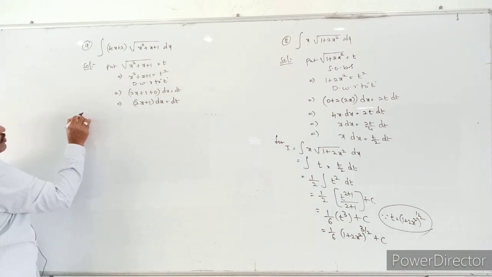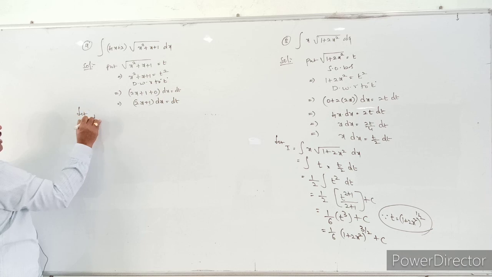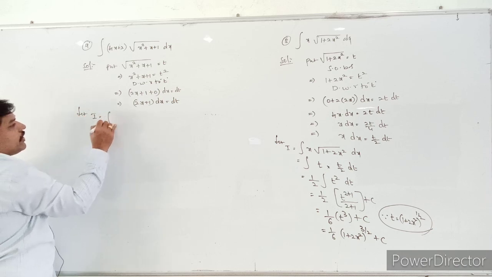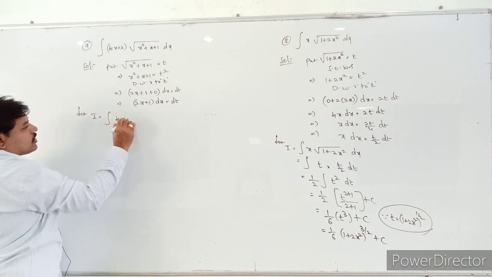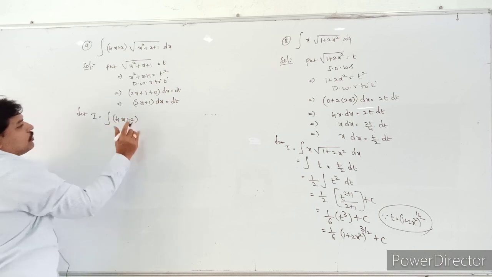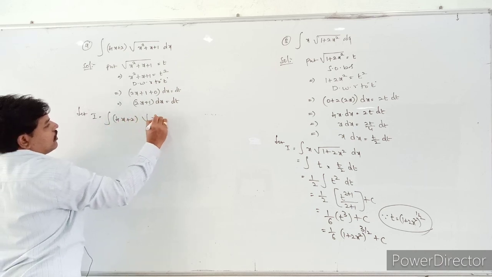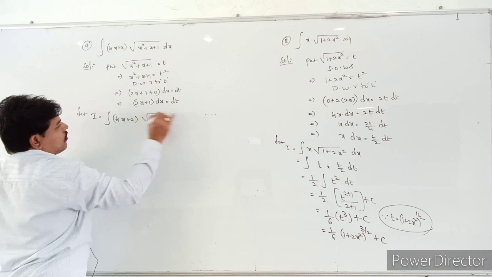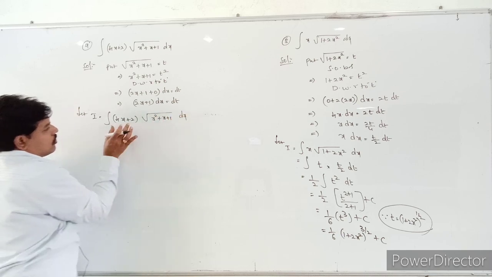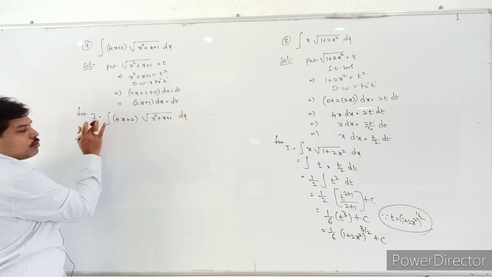So I will take that question. Let I is equal to integral of 4x plus 2 into root of x square plus x plus 1 into dx. In this 4x plus 2, I will take the 2 common.